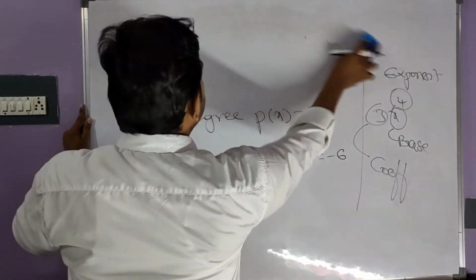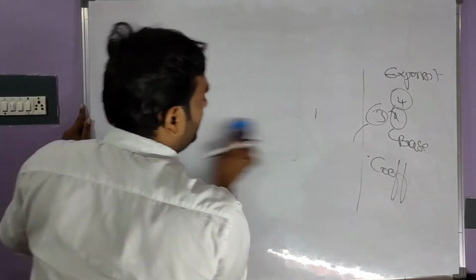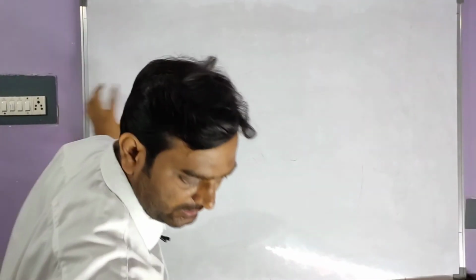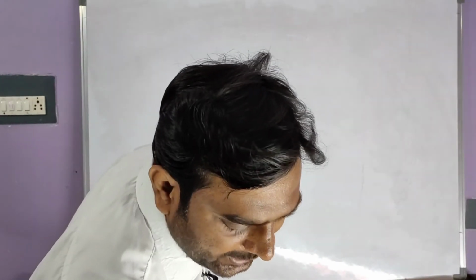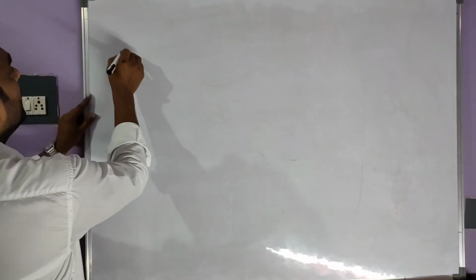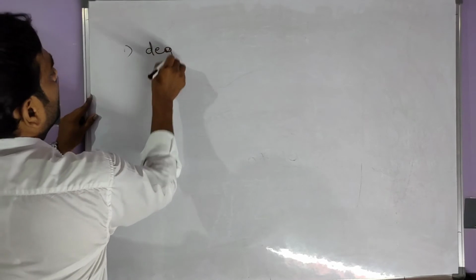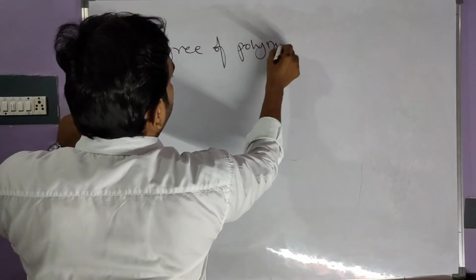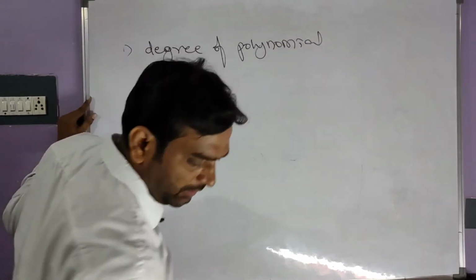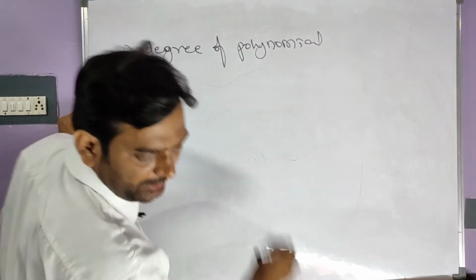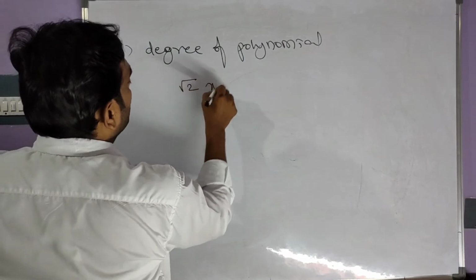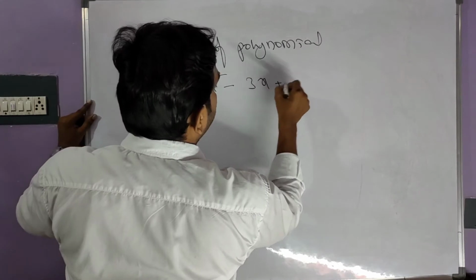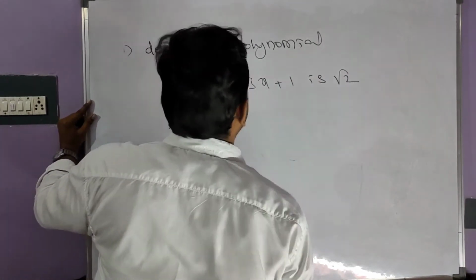Next, coming to second problem. State which of the following are true and which are false. In that, first one: the degree of the polynomial root 2 x square minus 3x plus 1 is root 2. Is that true or false?